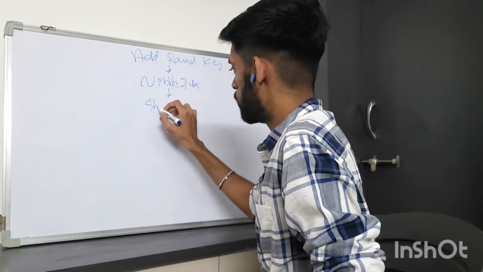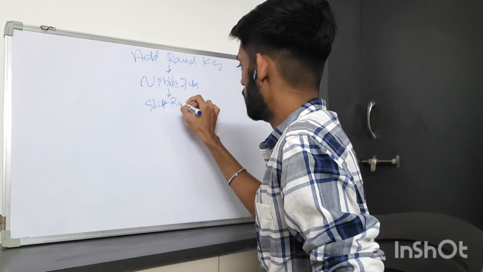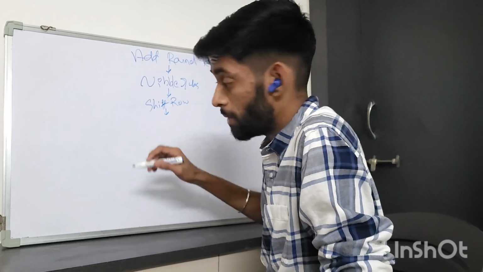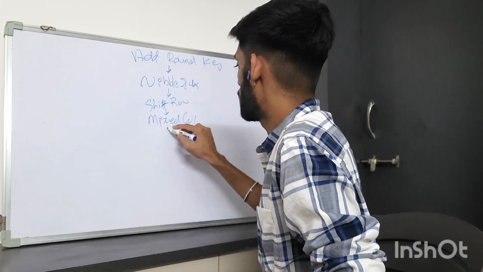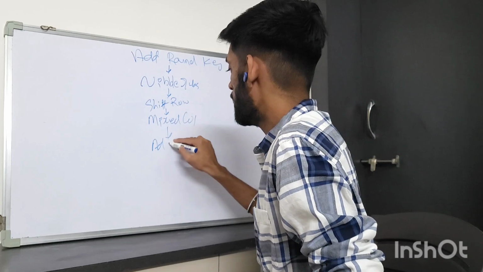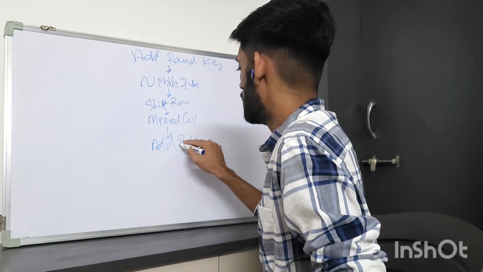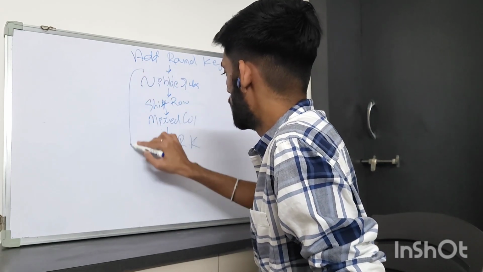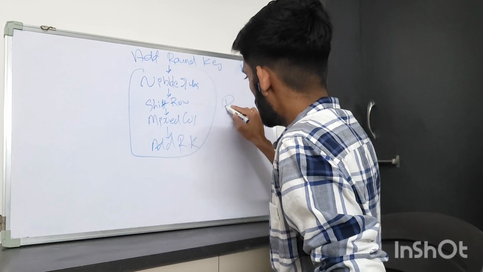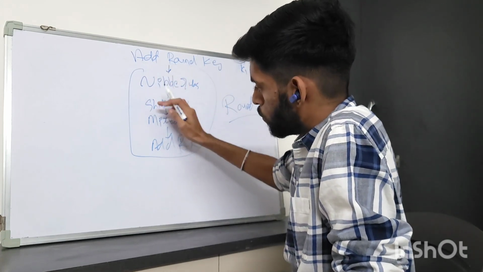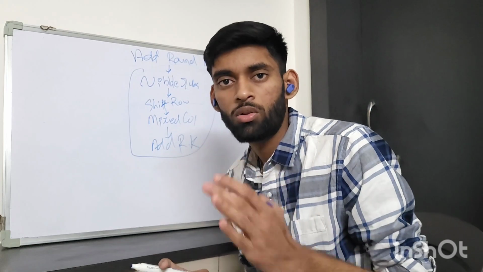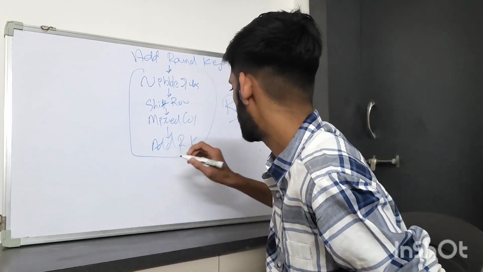Then we apply shift row. Then we apply mix column. Then we apply add round key again. These four steps constitute round 1 of SAES.